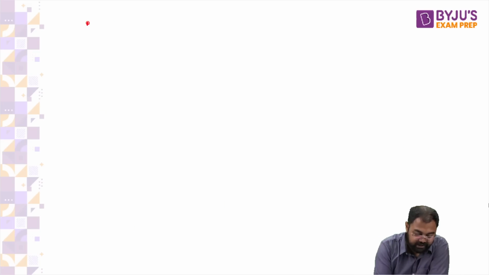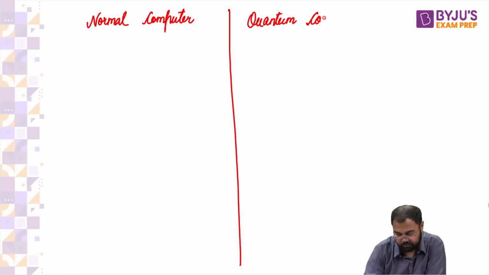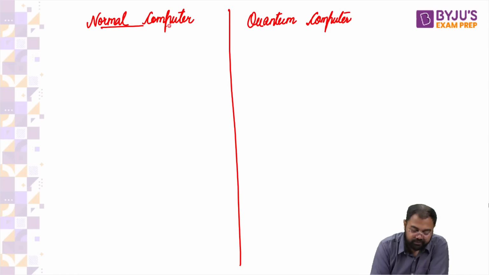Let's say we have a normal computer versus a quantum computer. For a normal computer, we know that the memory units are zeros and ones, right?